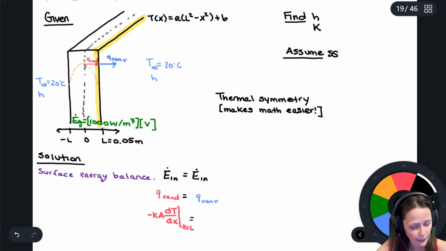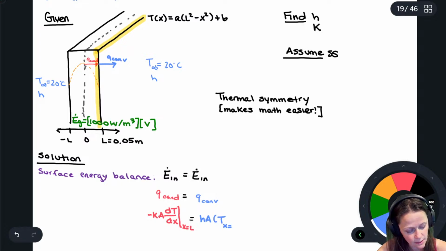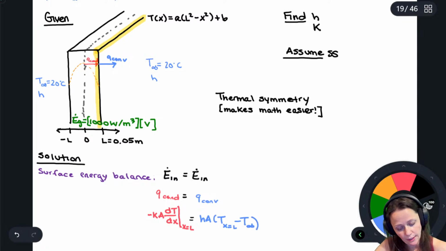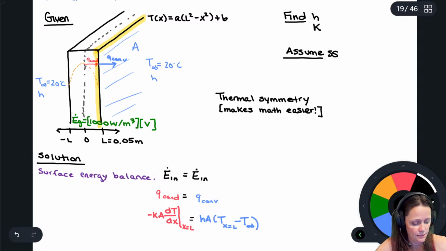And then q by convection is going to be h A times T at x equals L minus T infinity. This area right here, that's A, the area that we're talking about. You can see it's the same on both sides, so it's going to go away.